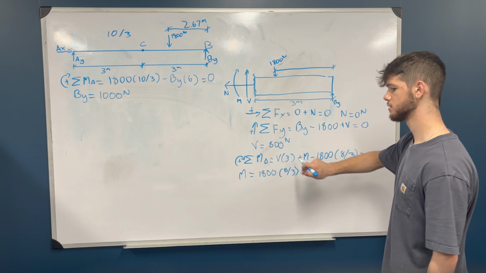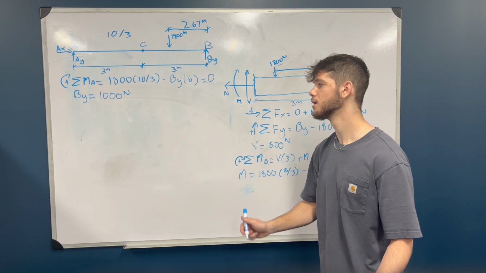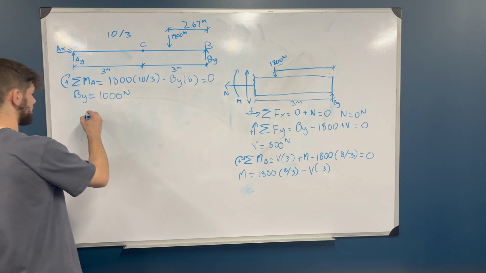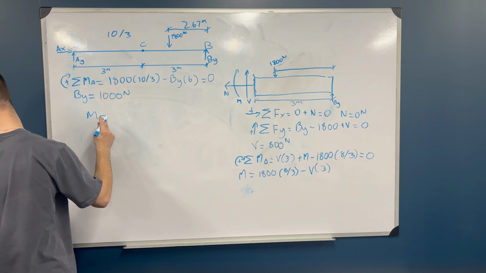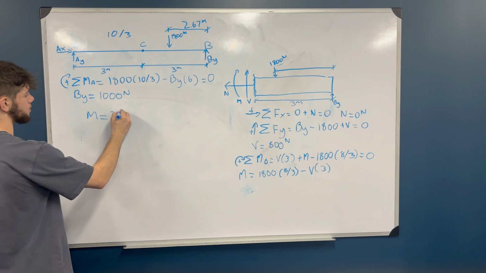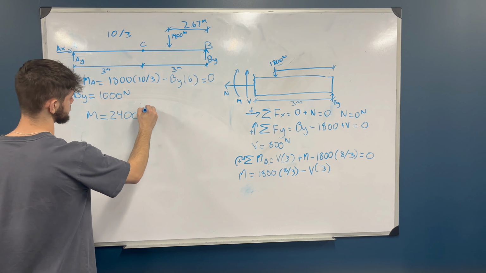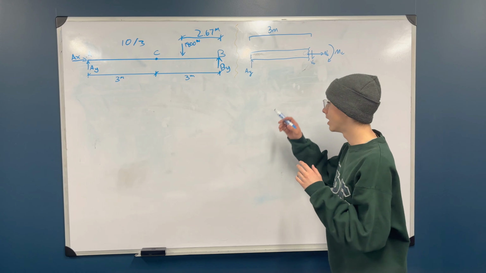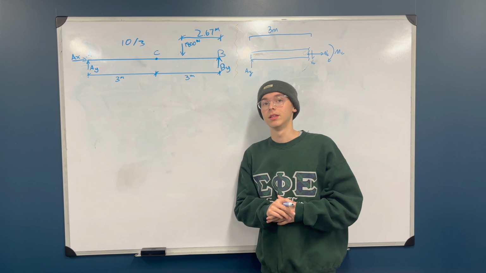V is 800, so the moment equals 2400 Newton meters.